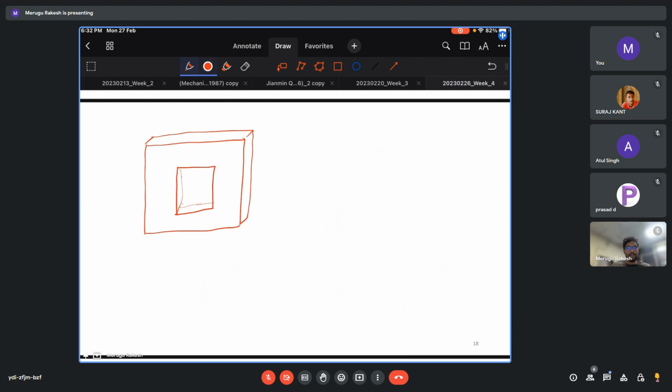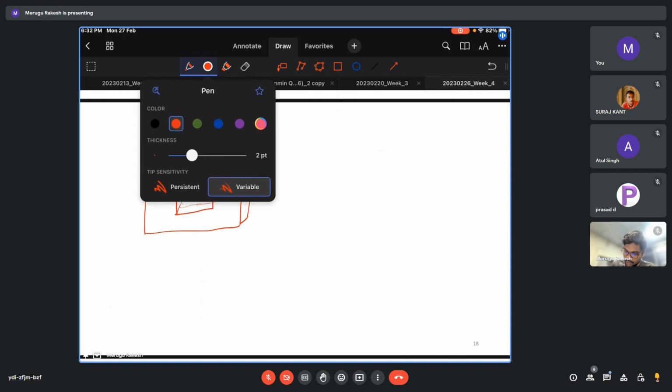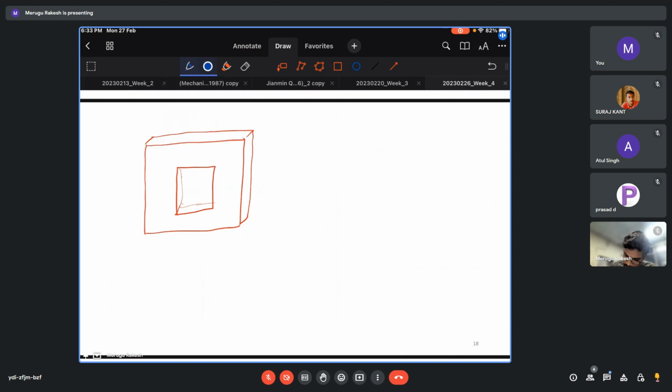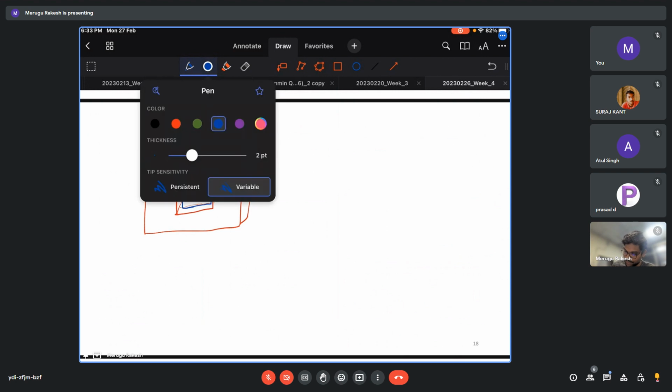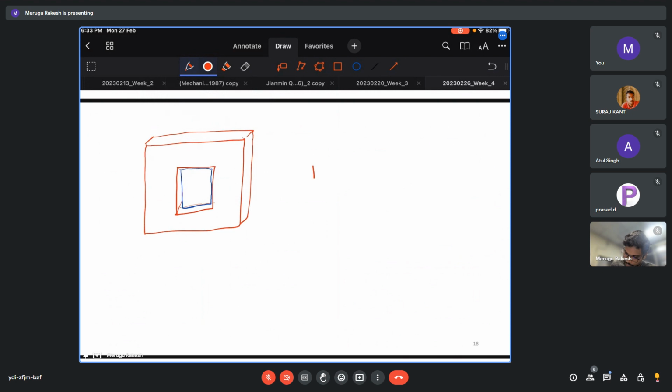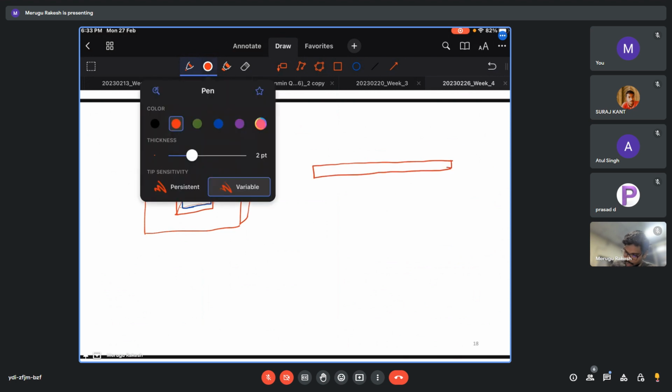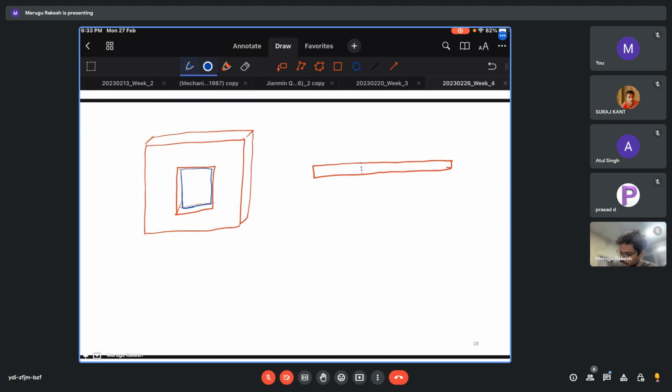Okay, we have a rectangular plate like this, and inside it we have one more object with very small clearances. So I am just showing you the front view. So this is the casting, and we have the actual thing inside, and it is moving actually.